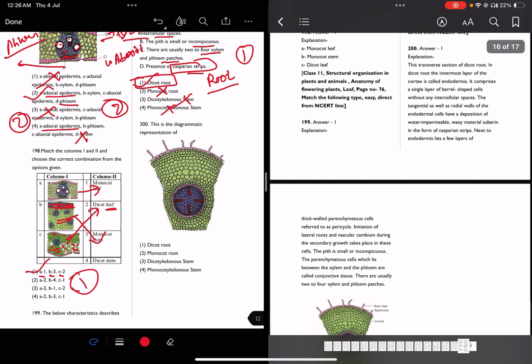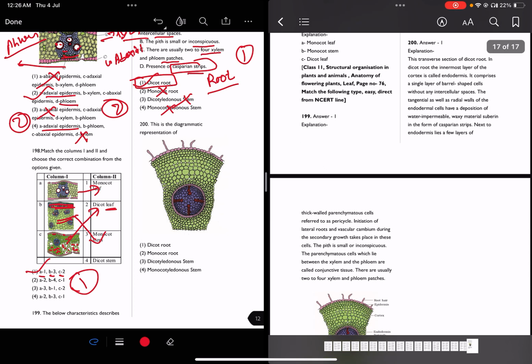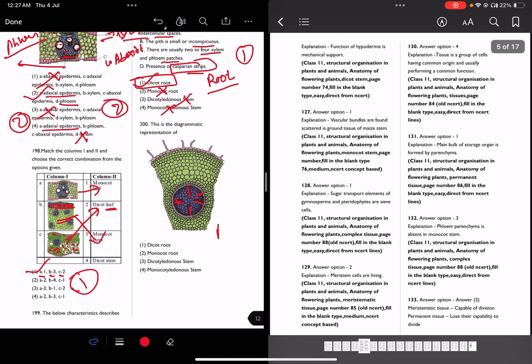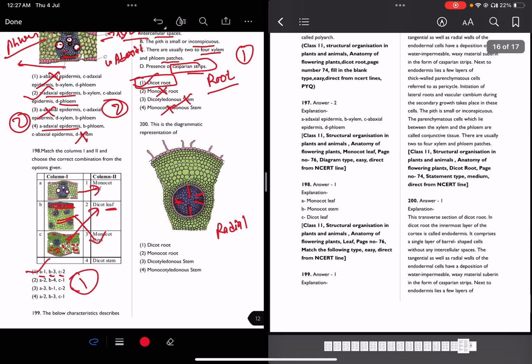Now the last question. You can easily identify. Is this a monocot or dicot, root or stem? So first see, this is the xylem. This is the phloem tissue. So radial vascular bundle. Radial vascular bundle is a feature of root or stem? Root only.